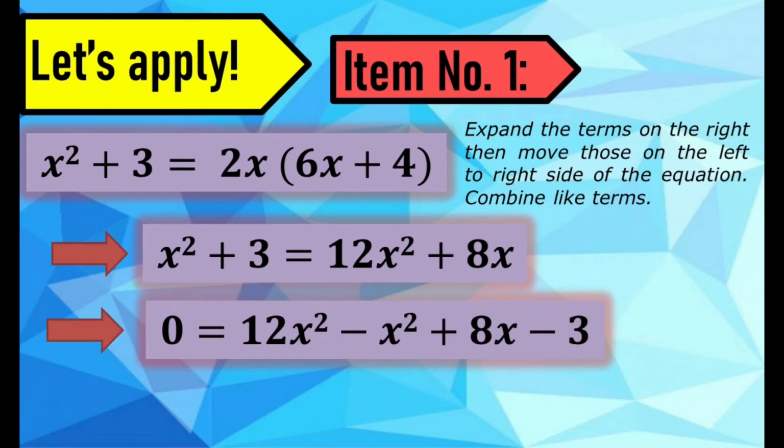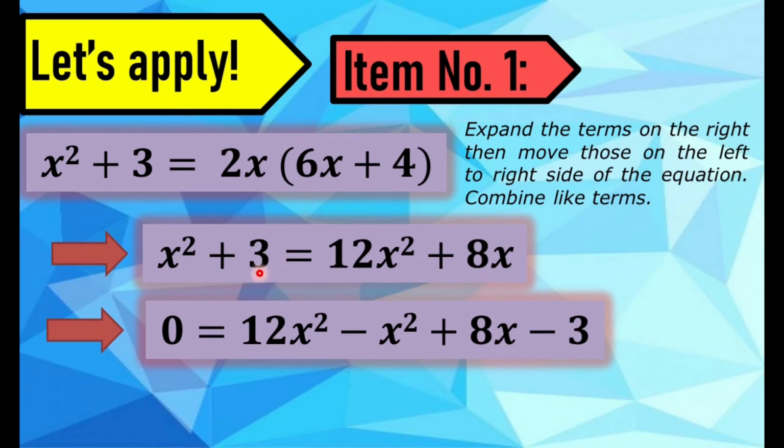So it would be 0 is equal to 12x squared minus x squared, putting x squared on the other side using addition property of equality, plus 8x here.